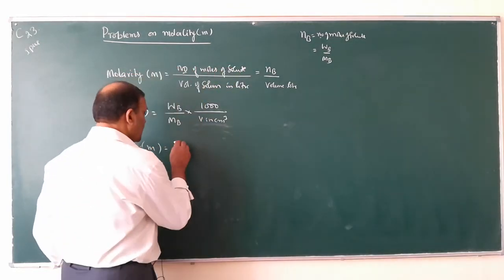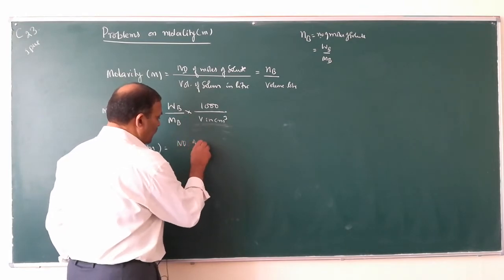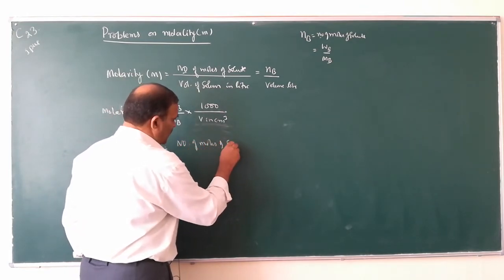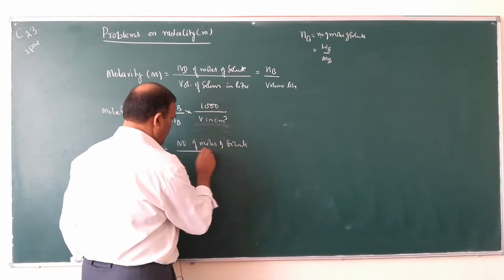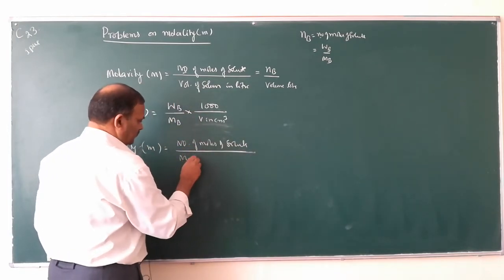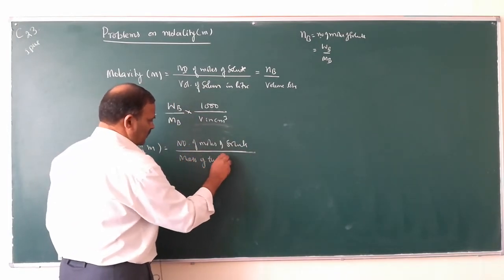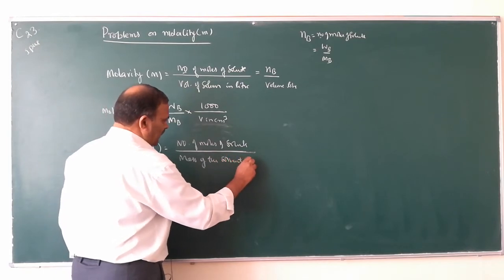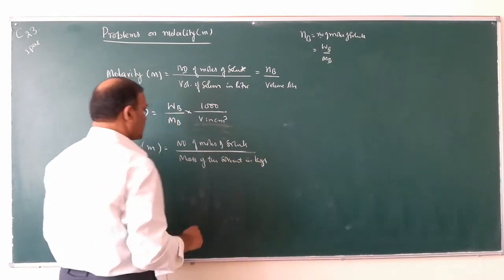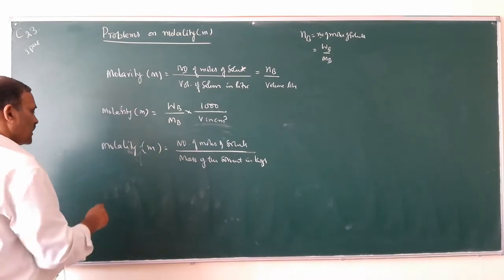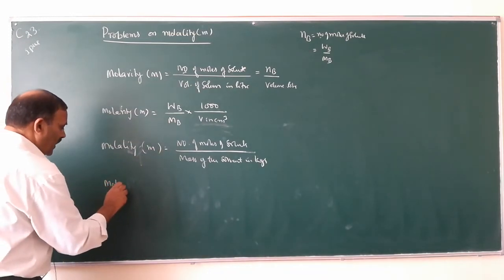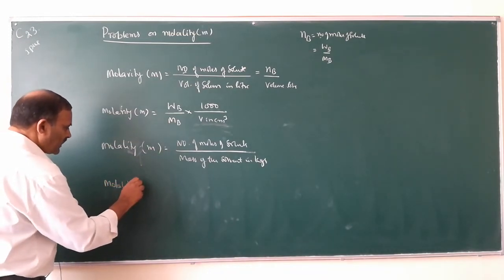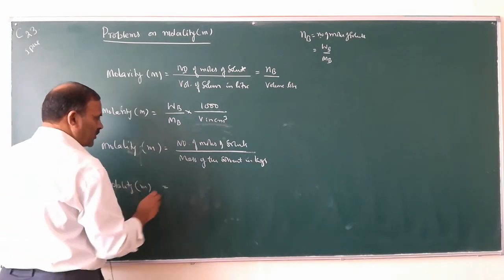So molality equals number of moles of solute divided by mass of the solvent in kgs. Molality m can also be calculated using the formula.